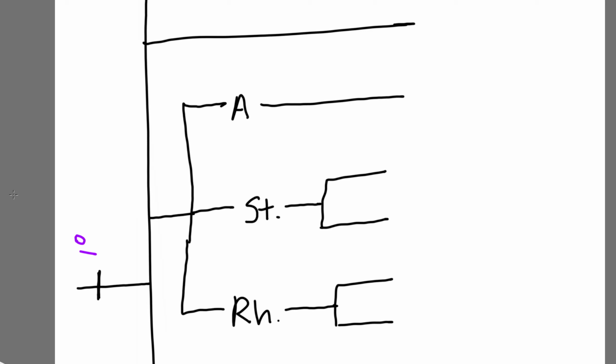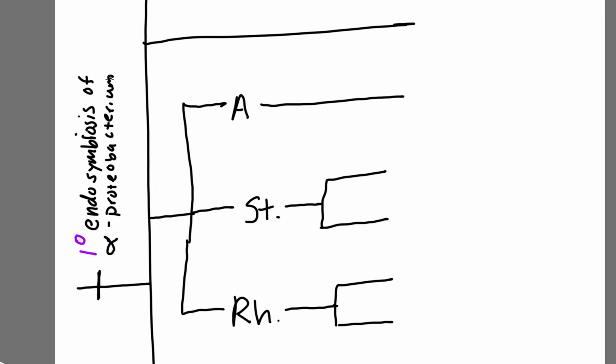So this is a primary endosymbiosis of an alpha proteobacterium. This is the Greek symbol for alpha, like a little fish. Bacterium is singular, bacteria is plural. And I will put this in orange.